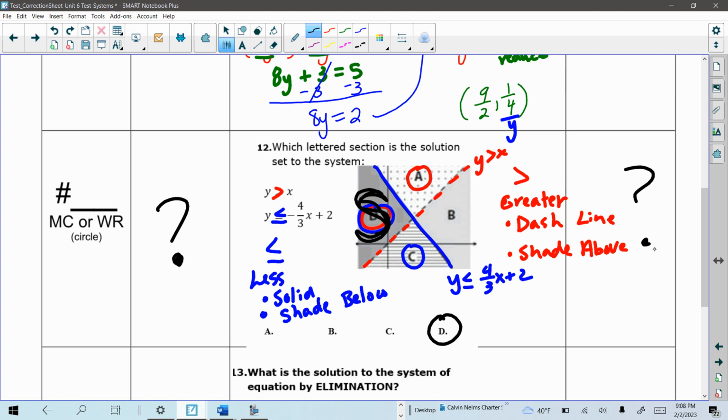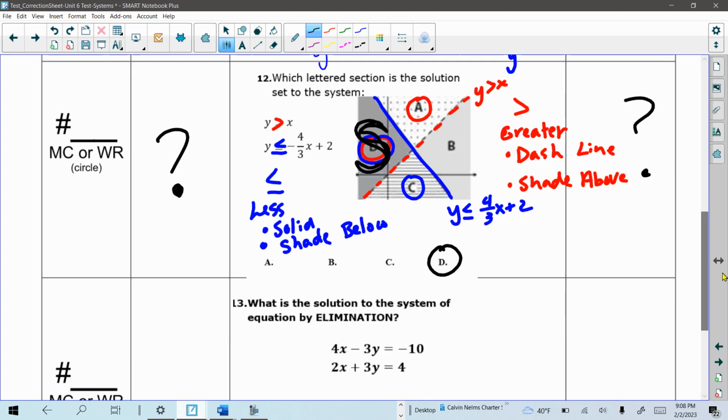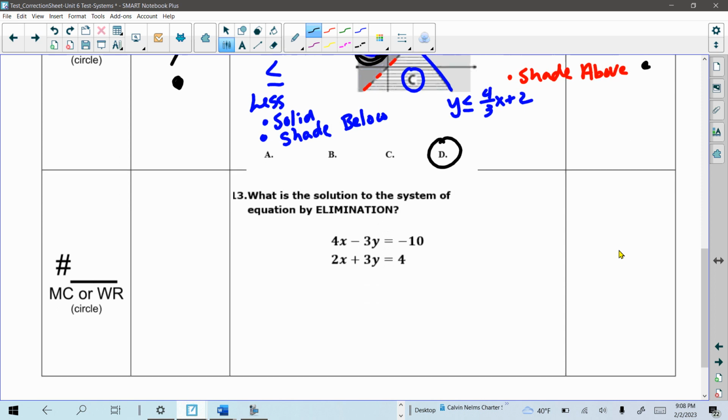And then the last one I'm going to do on this section for this video is number 13, where it's asking you to solve by elimination. Hopefully you saw right off the bat that because we have a negative 3y and plus 3y, we should pick to eliminate the y.